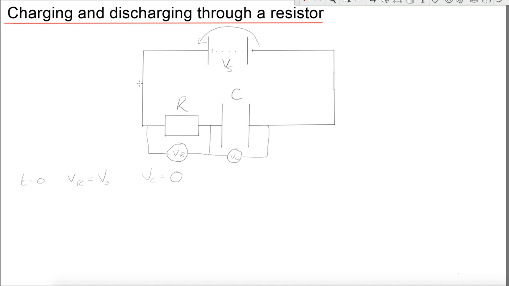And of course we have a current flowing. We have to have a current flowing, otherwise there wouldn't be a PD across the resistor. But a little later on, VR is going to fall because VC will have risen, because you will have some charge on the plates now.